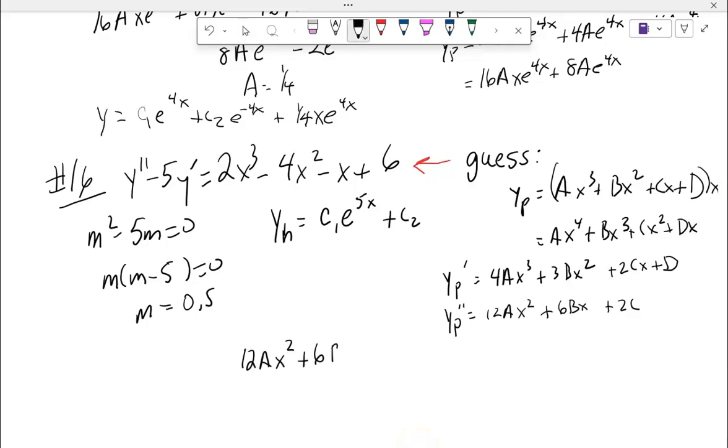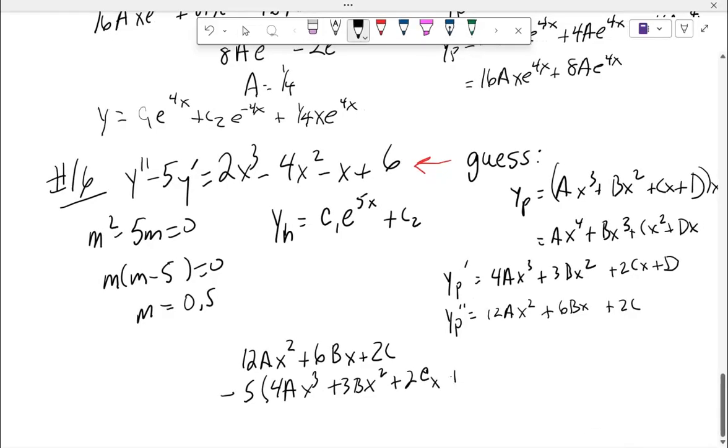Now we're going to plug this in to the equation. So we'll have 12ax squared plus 6bx plus 2c. That's what we had for the second derivative. And then minus 5 times the first derivative, 4ax cubed plus 3bx squared plus 2cx, plus t.